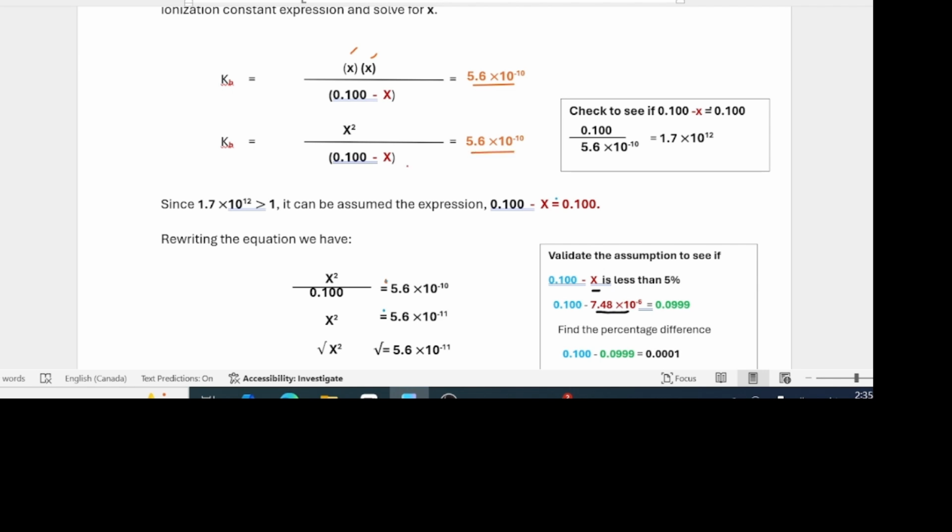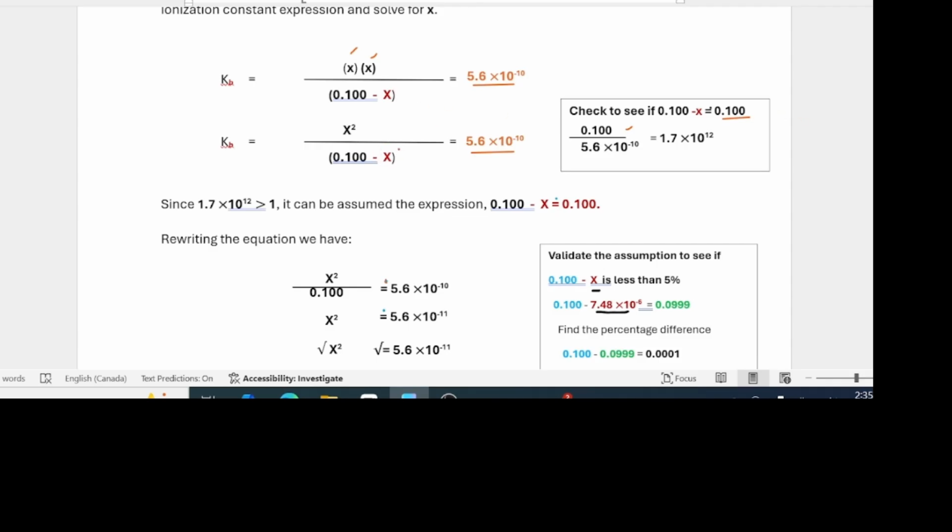To see if we can simplify our calculation, you want to see whether or not this expression here is approximately equal to the initial concentration. And to do that, we will take the initial concentration and divide it by the Kb for that base. And if it is greater than 100, then we can assume for now that this is approximately equal to 0.1.